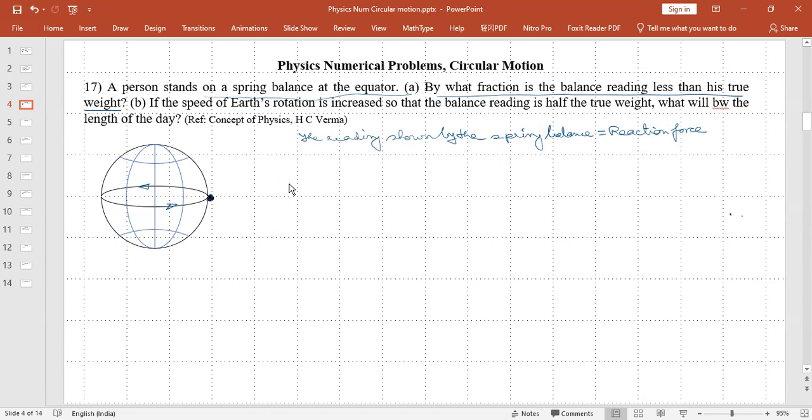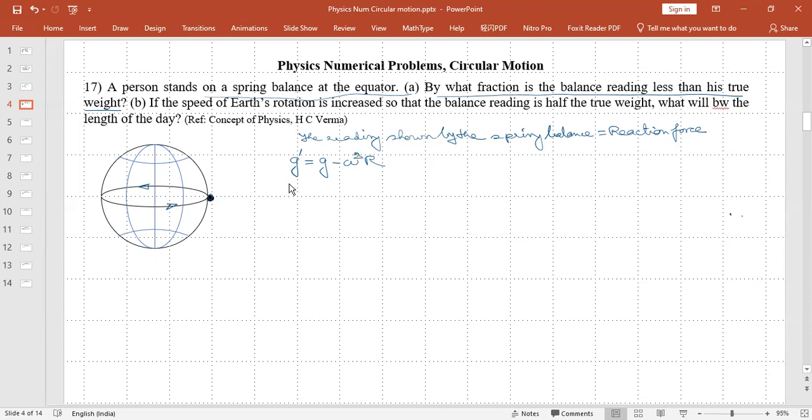And the centripetal force is subtracted from the gravitational force, and that is equal to the reaction. Right? Now there is a formula you must have studied in your textbook. The apparent acceleration due to gravity g dash is equal to g minus omega square R. This you have studied in your textbooks.